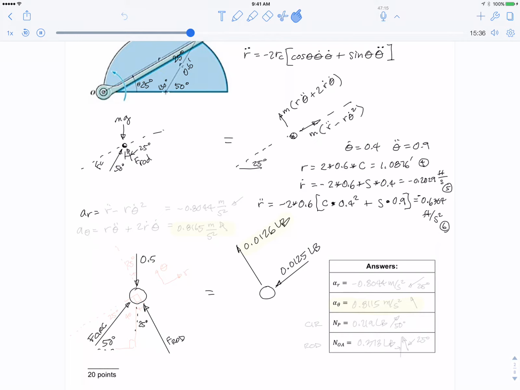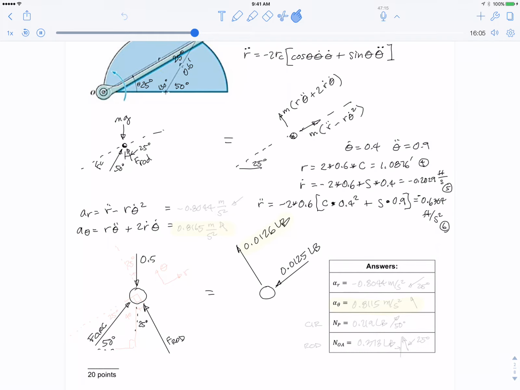So that is just r double dot minus r theta dot squared, and A theta is r theta double dot plus 2 r dot theta dot. Okay, so I've got r dot and r double dot already stored in my calculator, so it'll make things go a little faster for me.